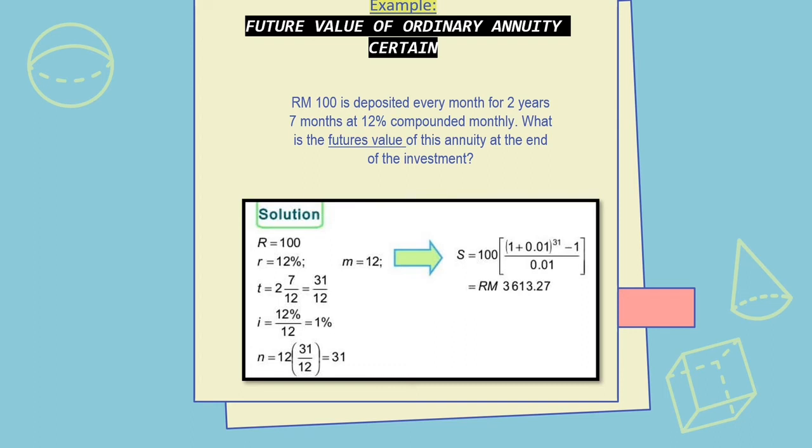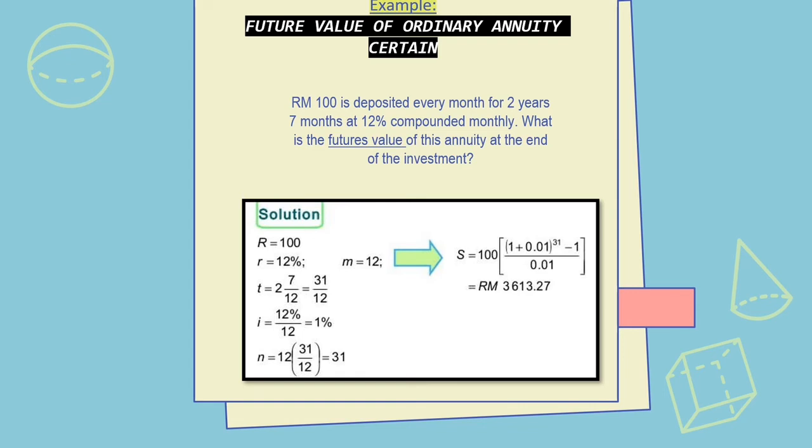R, we get from the periodic payment, 100 ringgit. Then R is 12%, M is 12. Then T, we get from 2 years 7 months. We convert it into 2 plus 7 over 12, which becomes 31 over 12.